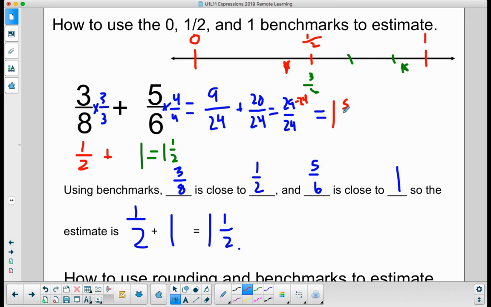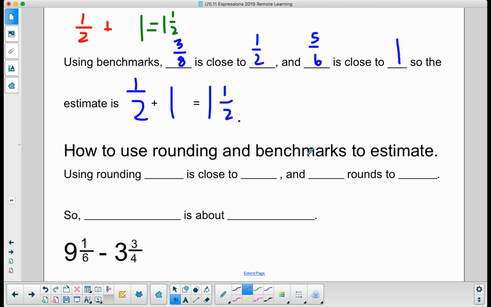I have 5 24ths. And 1 and 5 24ths. Now, I would say 1 and 5 24ths is closer to 1 than it is to 1.5. But considering I rounded both of mine up, it makes sense. So I would say it's reasonable.